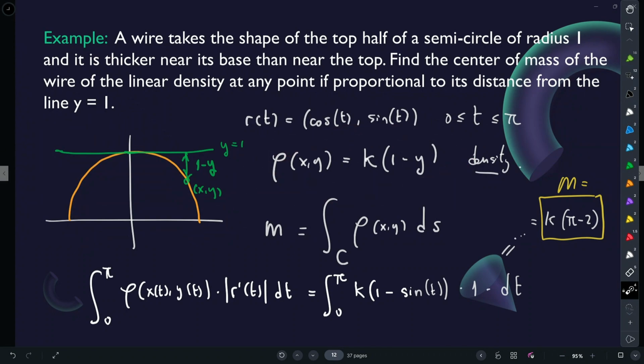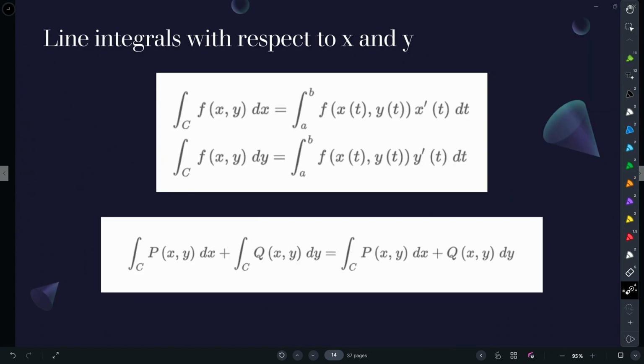This function gives you a density in the entire plane, so when I evaluate it at points by plugging in x of t and y of t, this is the density at time t. At time t, which denotes an angle from the x-axis, that is the density at that point. All right.